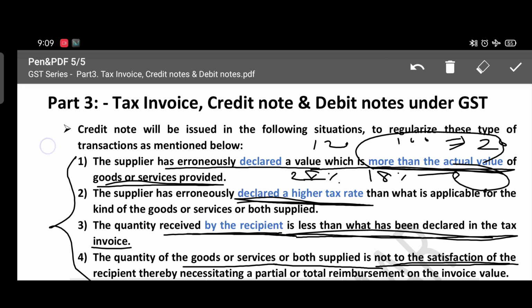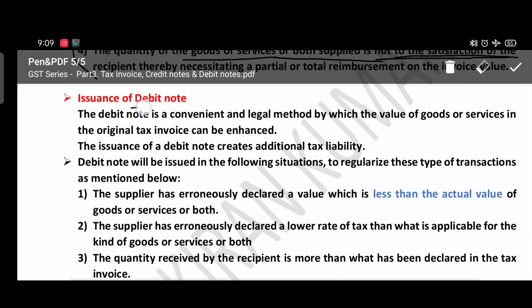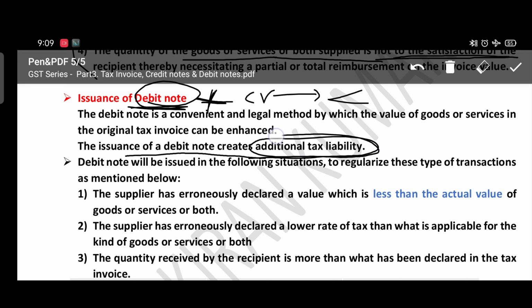So a debit note is the opposite of a credit note. In case of a credit note, we reduce the tax liability, but in case of a debit note, we increase the tax liability. We will issue the debit note to enhance the liability, to create an additional liability. Here you can see the issuance of a debit note creates additional tax liability.